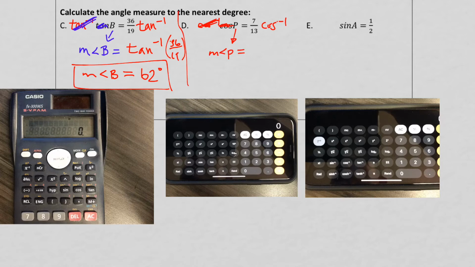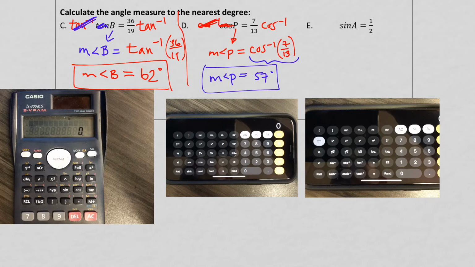Then I have to compute on a calculator the inverse of cosine of 7/13. Again, at this point on a calculator, if I just put all this in, I'll get the measure of angle P equals approximately 57 degrees. Because again, we have to practice using our tools, either our iPhone calculator, an actual calculator, or just using the Desmos calculator to compute the angle measures.